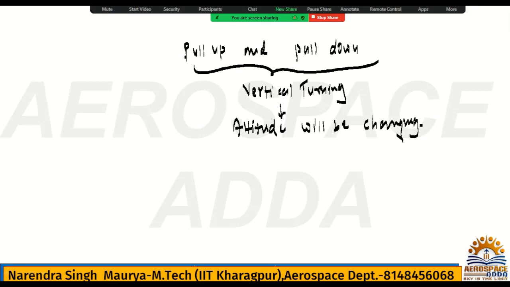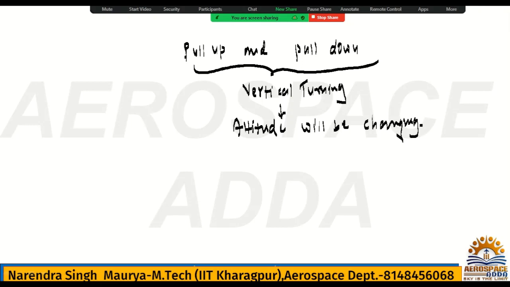Pull down is when the altitude is going to decrease. If altitude is increasing, then it is pull up. If altitude is decreasing, then it will be called a pull down case.